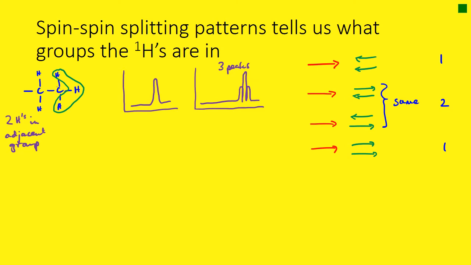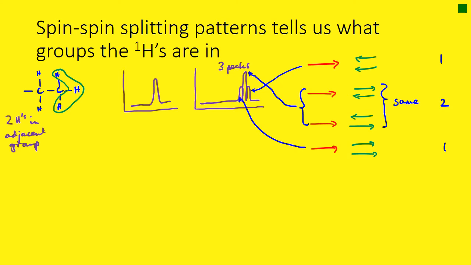Right, so the first peak, where the hydrogens in the adjacent group oppose the applied magnetic field, will result in this little peak here. These two together result in the tall peak, right, and this one here results in the third peak there.